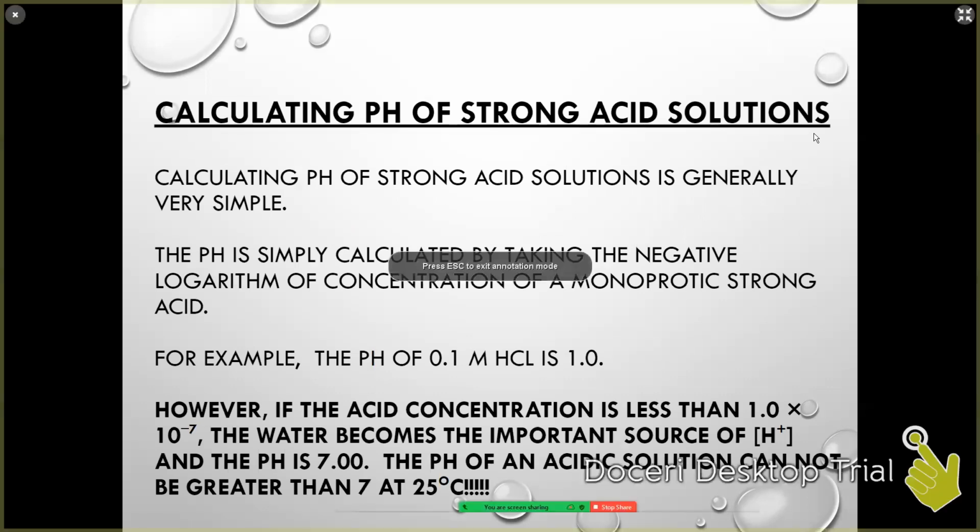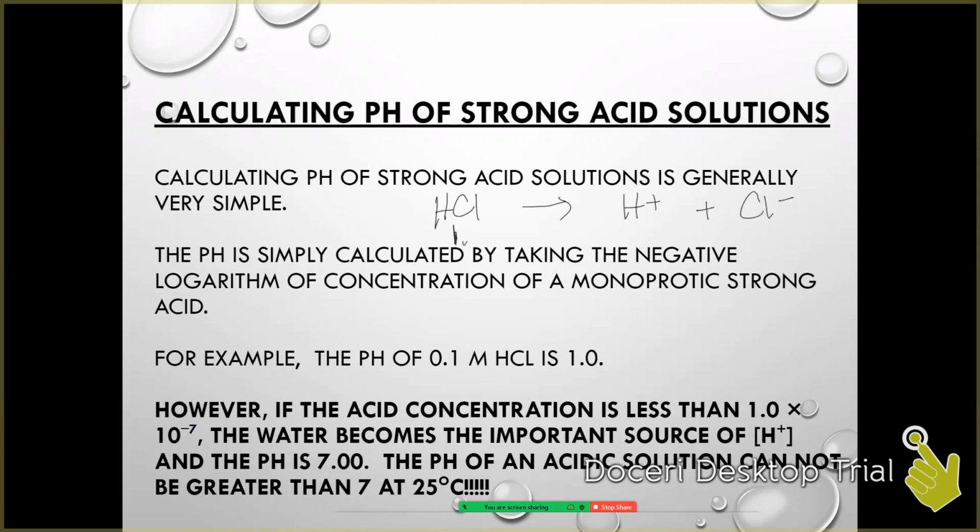So calculating the pH of strong acid solutions is going to be easier than once we get to weaker ones. It's usually very simple. The pH is simply calculated by taking the negative log of the concentration of a monoprotic strong acid. So for example, if I have hydrochloric acid, it's going to ionize into H plus and Cl minus.